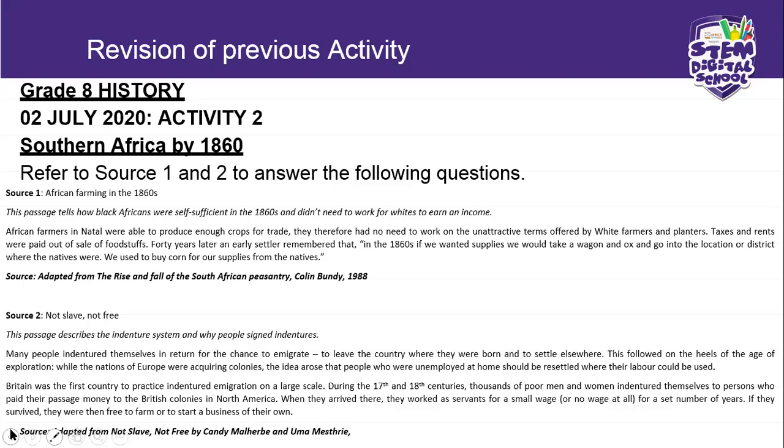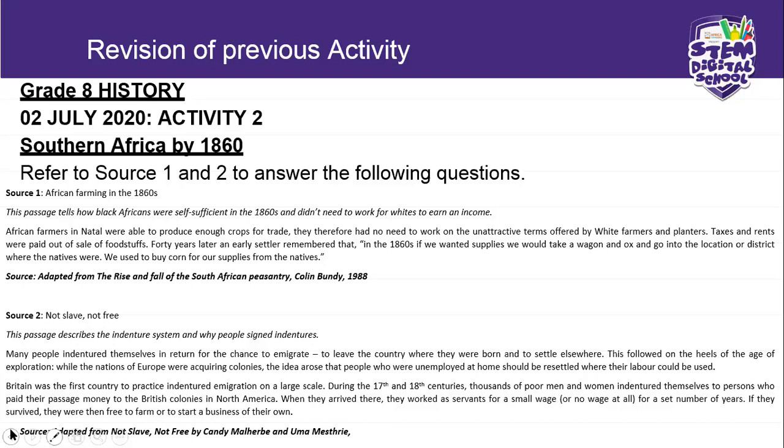Britain was the first country to practice indentured immigration on a large scale. During the 17th and 18th centuries, thousands of poor men and women indentured themselves to persons who paid their passage money to the British colonies in North America.